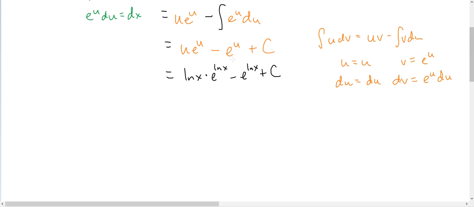Now we know from our exponent properties that e to the ln x is going to cancel out and just form x. So we can say that ln x times x minus x plus c is the integral of ln x dx. So written a little bit more nicely, x ln x minus x plus c is our answer.